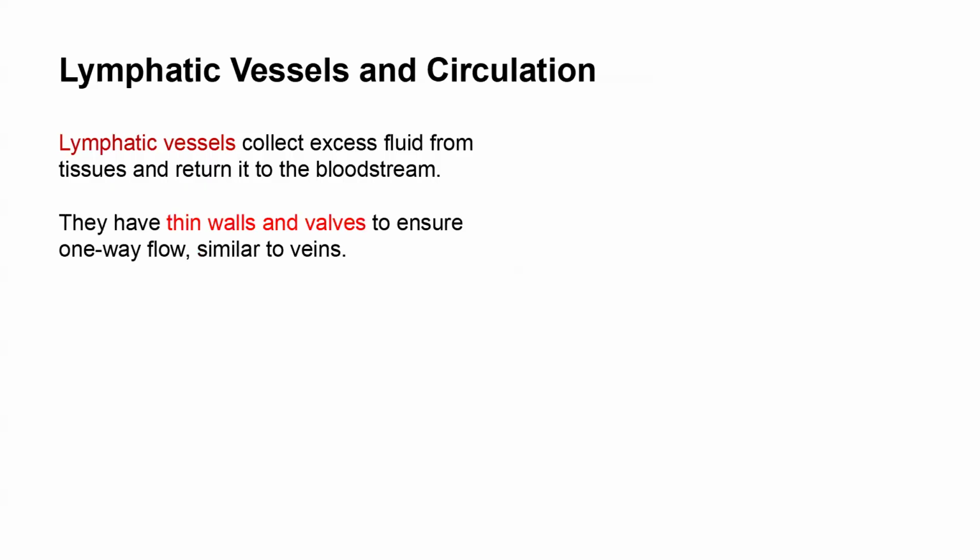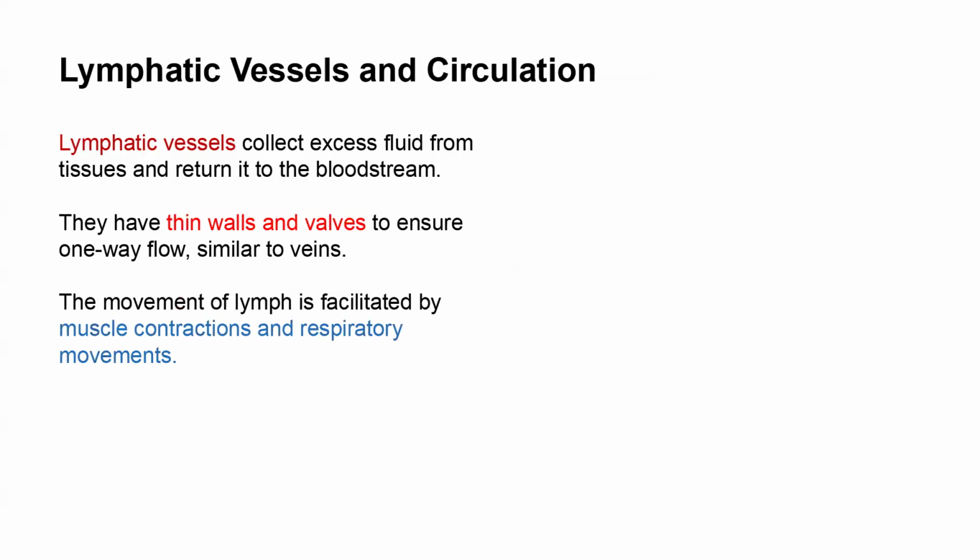Very importantly, these lymphatic vessels have thin walls and valves to ensure one-way flow, similar to the veins. Because they have thin walls and valves, they ensure that fluid flows in only one direction.